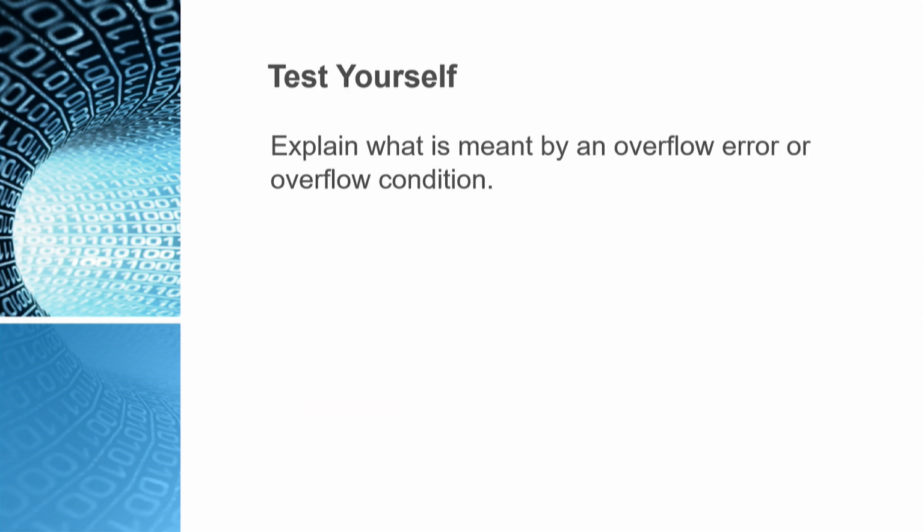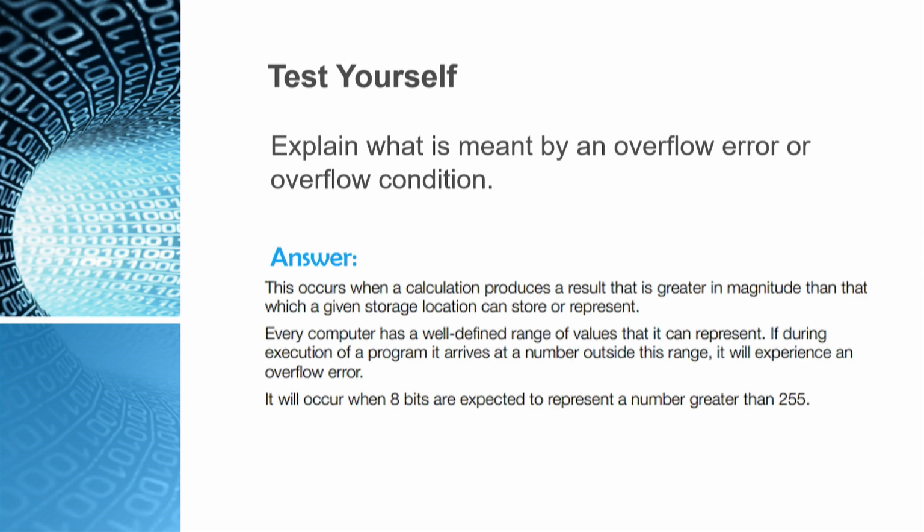Let us make sure that you have understood by trying out this question. Explain what is meant by an overflow error or overflow condition. This occurs when a calculation produces a result that is greater in magnitude than that which a given storage location can store or represent.